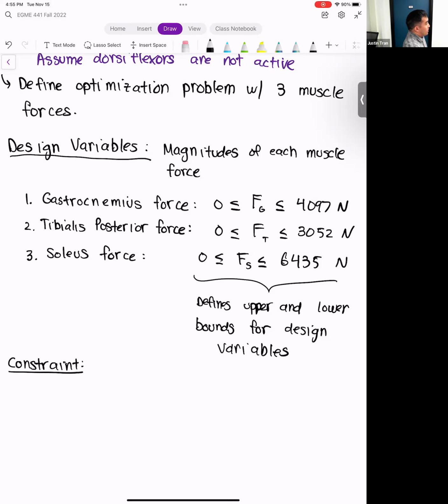So let's talk about constraints now. Our constraint in this case is that no matter what combination of muscle forces we solve for, they have to produce a net moment of 100 Newton meters.